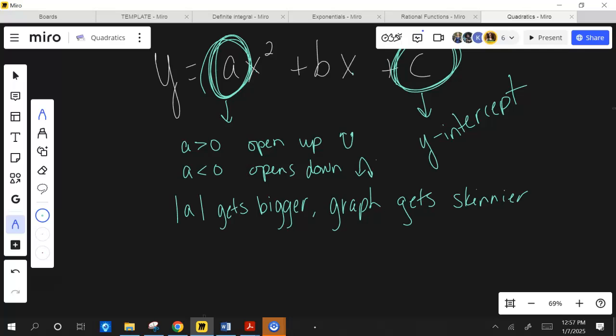If I have a huge number out front, let's say y equals 100x squared, it's going to be a really tiny skinny graph, like the parabola is squeezed in.